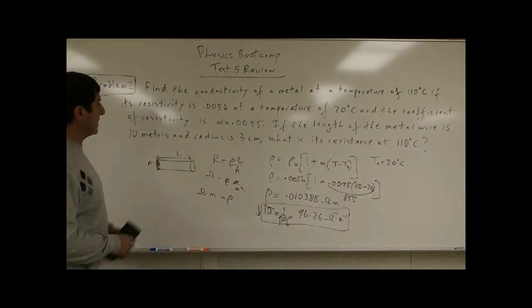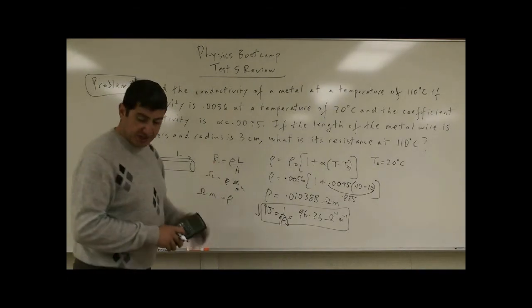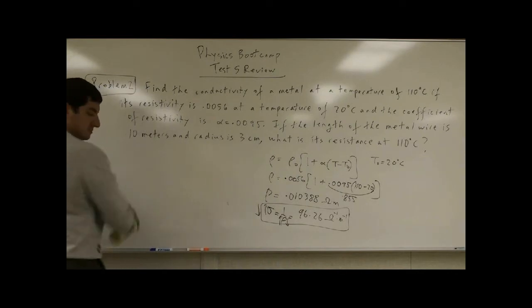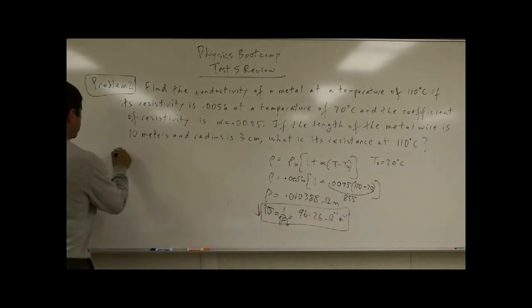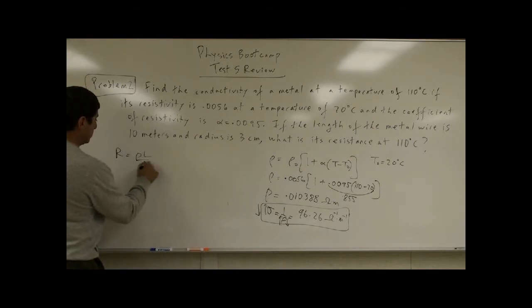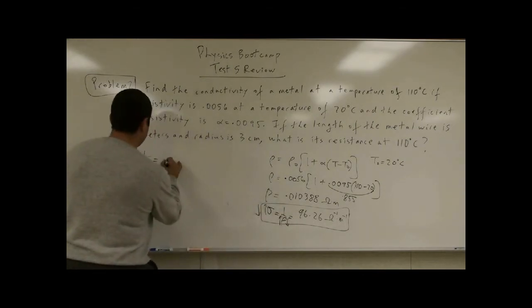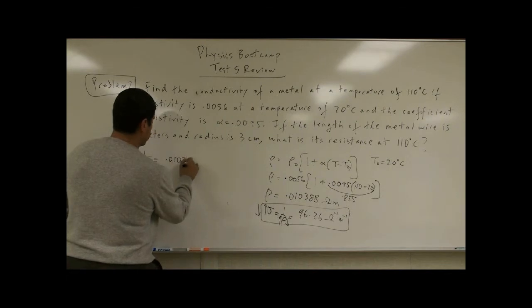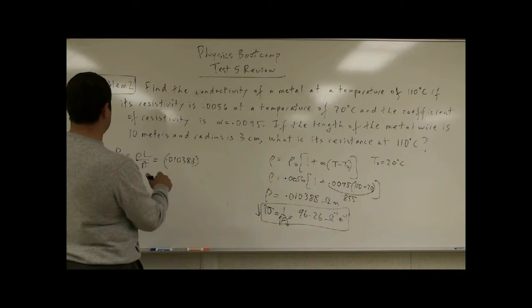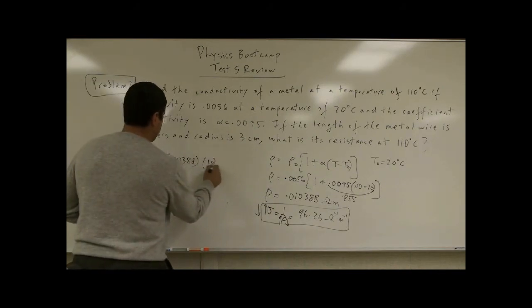So the next thing we're going to do is calculate its resistance, right? Resistance of the wire, we're going to use the resistivity, which is 0.010388, multiplied by the length of the wire, which was 10 meters. It's a long wire.